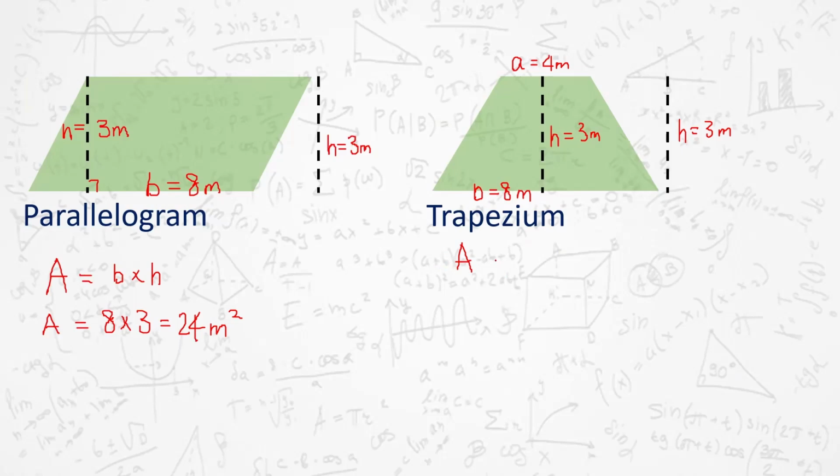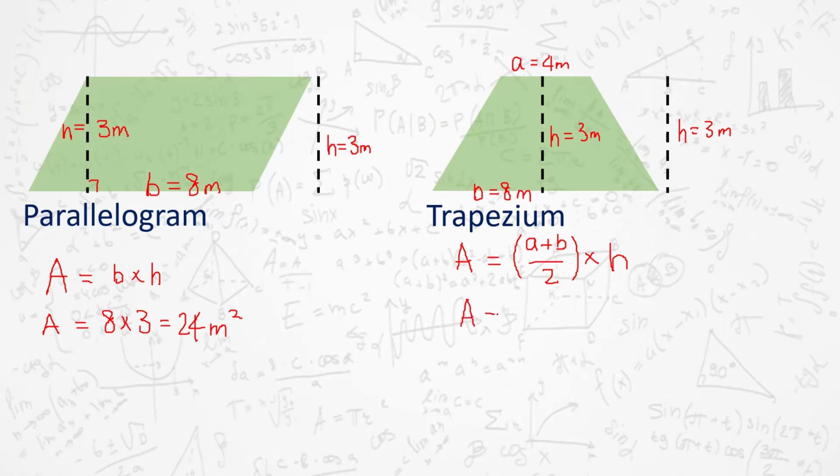So you're thinking, how are we going to work out the area this time? If that's the case, when we do base times height, because the top and bottom lengths are not the same, all we need to do is take an average. So we do half of the addition of top and bottom.